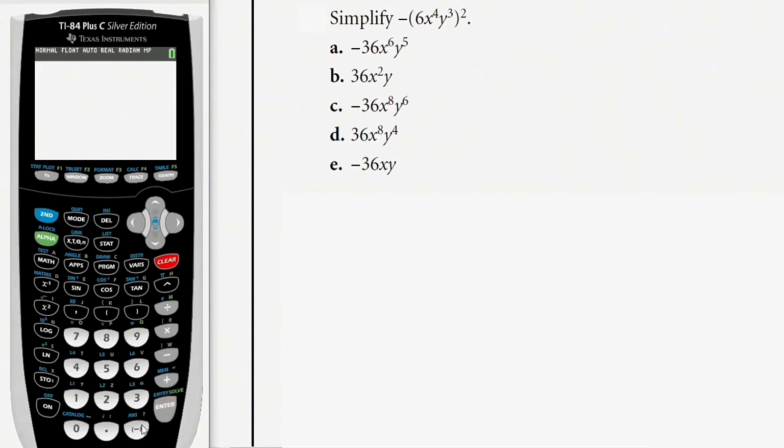Alright, so it starts with a negative value, minus 36. Okay, x to the power 8, come down, then we have y after this to the power 6. So that's it, guys. Let's press enter. Exactly, minus 589,824.